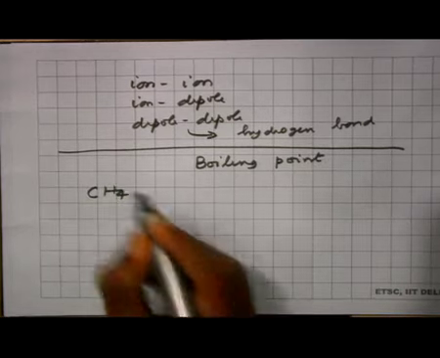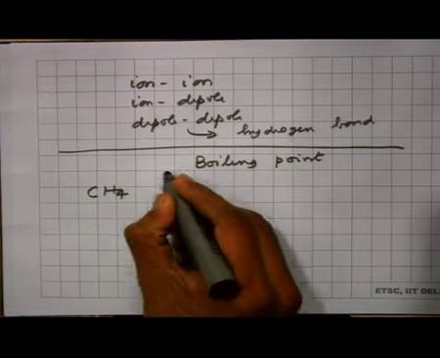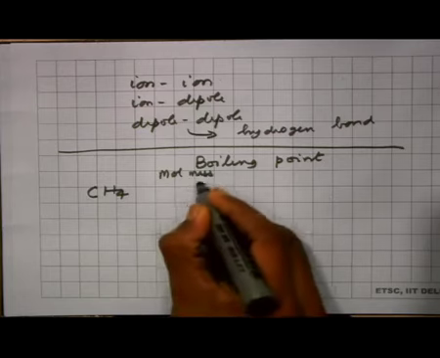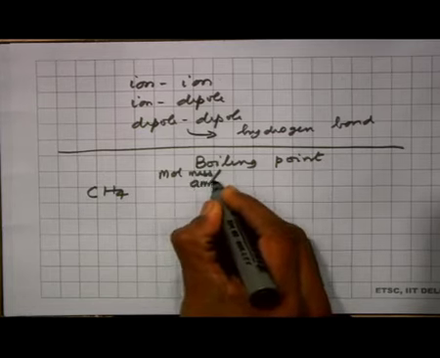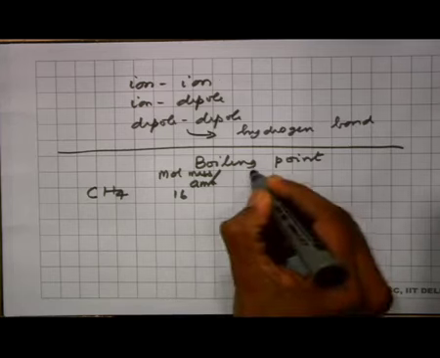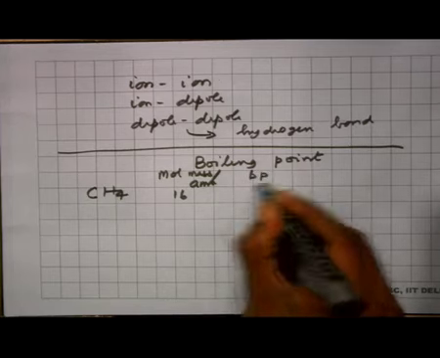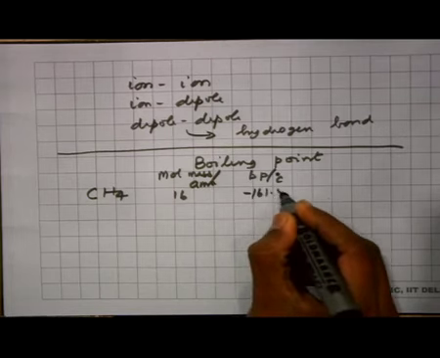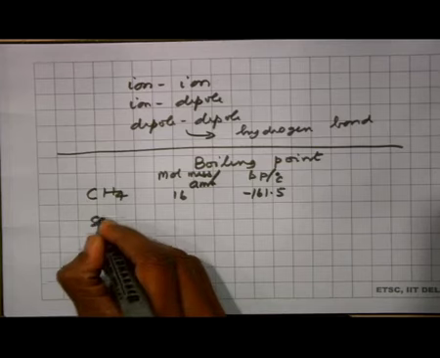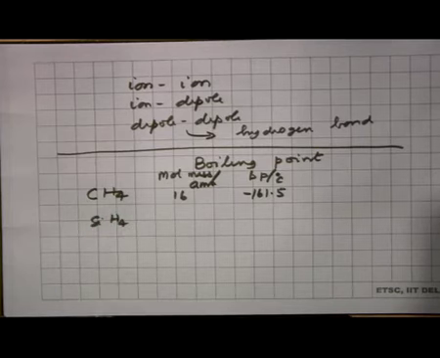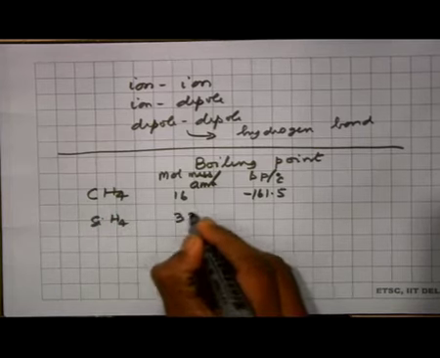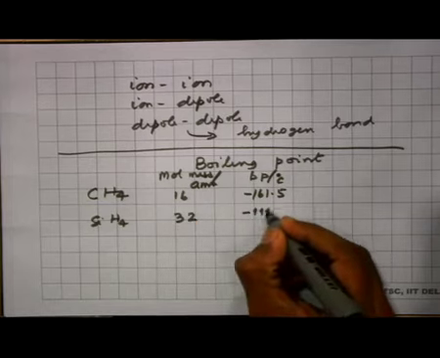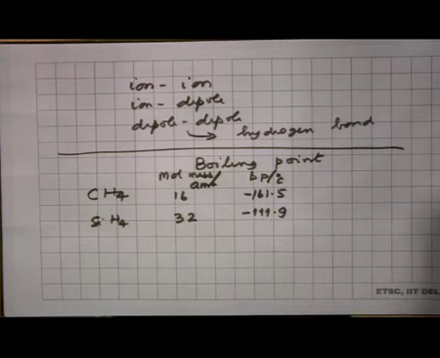You look at the boiling point of methane, whose molecular mass in AMU is 16, and its boiling point in Celsius is minus 161.5. Silane, SiH4, has a molecular mass of 32 and a boiling point of around minus 112.